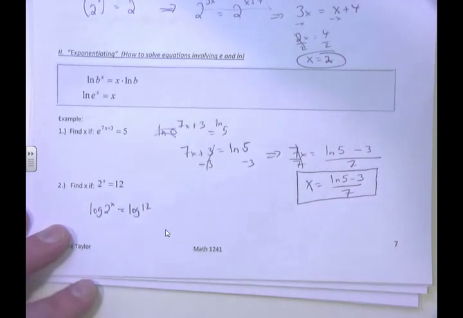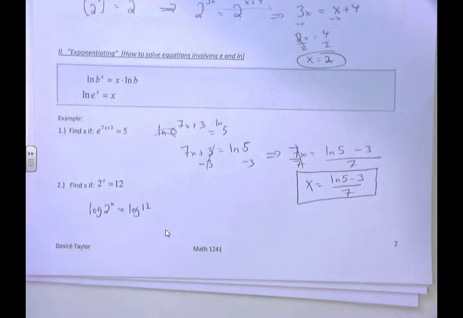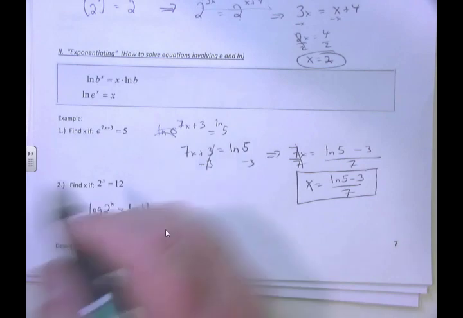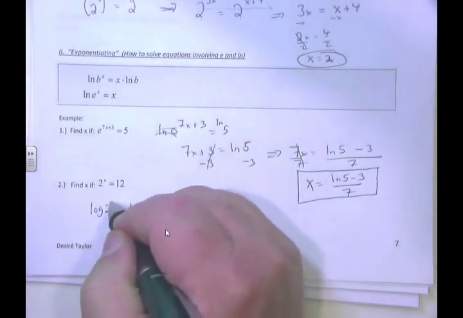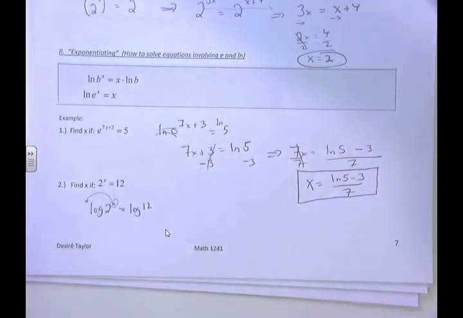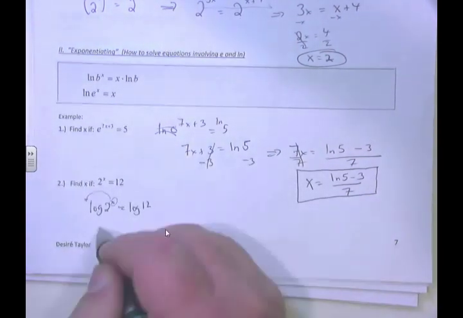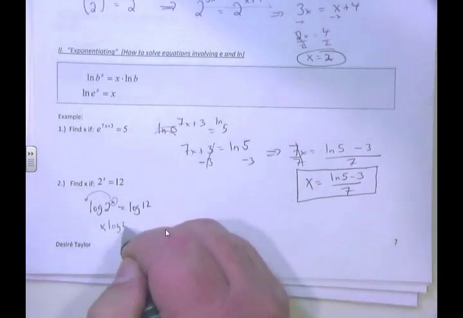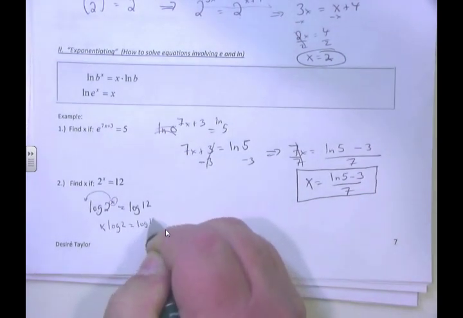Those are the 2 log buttons on the calculator. So what I do to one side, I do to the other. That's a perfectly legal math move. However, because I have a log of something with an exponent, where did the exponent get to go? To the front. Property number 3 of log properties we have memorized. So x times the natural log of 2 is equal to the natural log of 12.